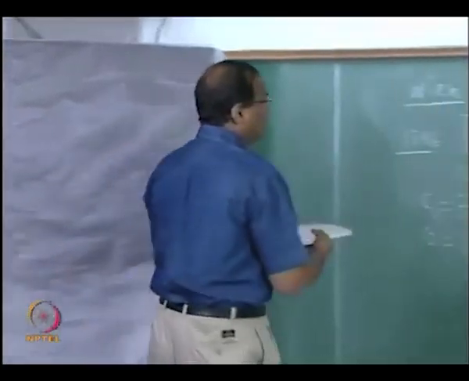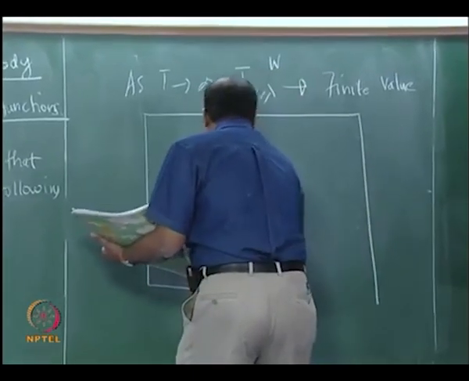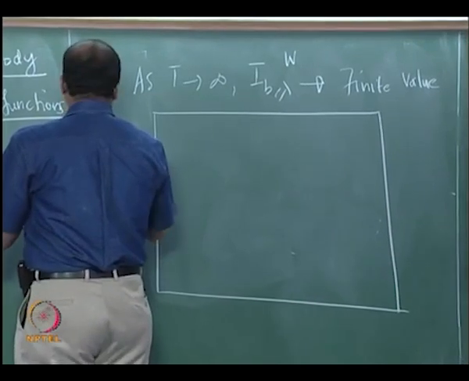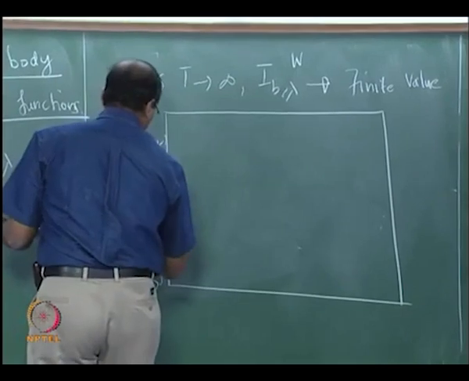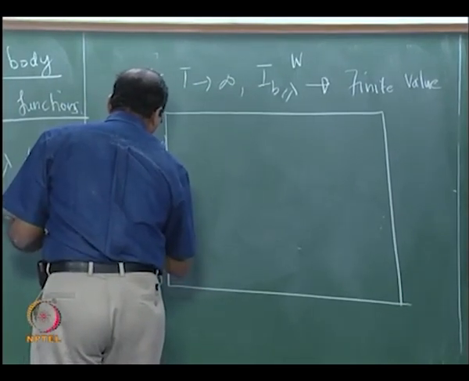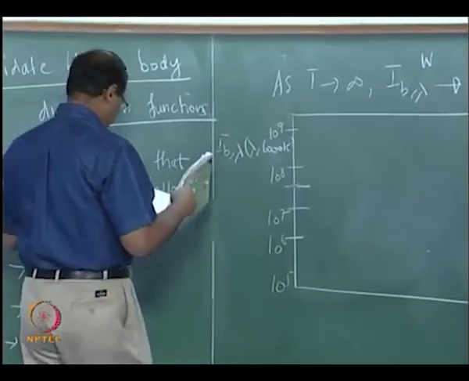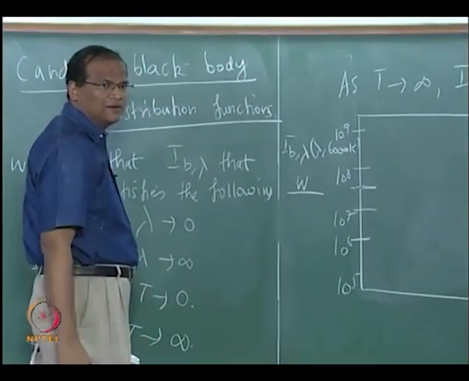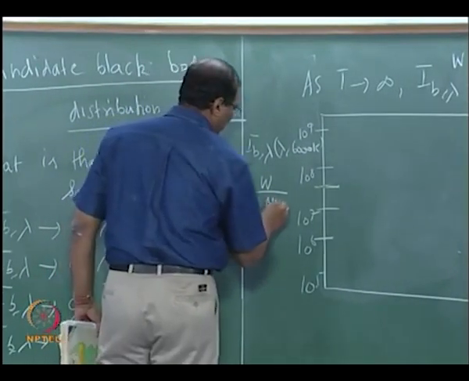Okay, so for example we can draw I_B lambda at 6000 Kelvin, so 10 to the power of 5, 6, 7, I_B lambda in watts per meter square micrometer steradian, good.